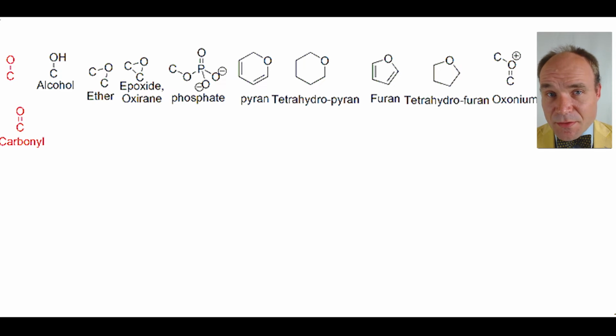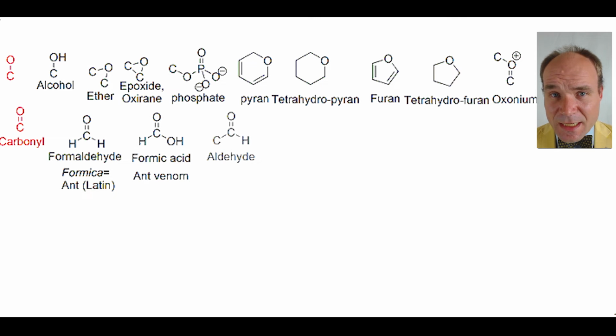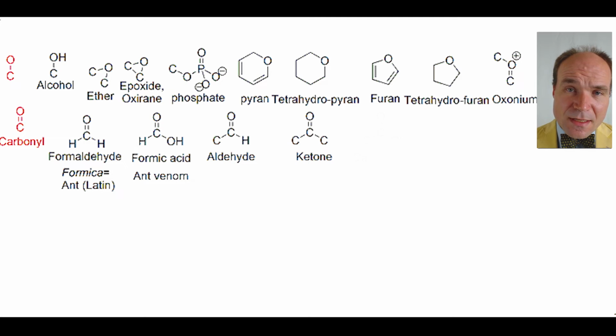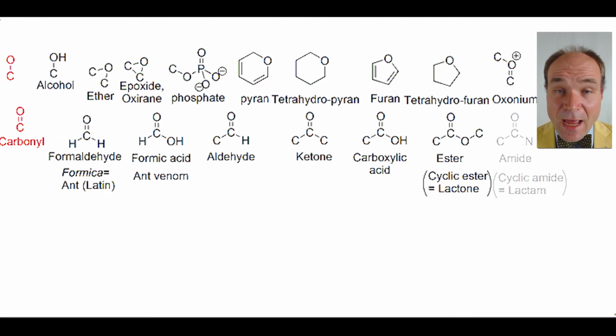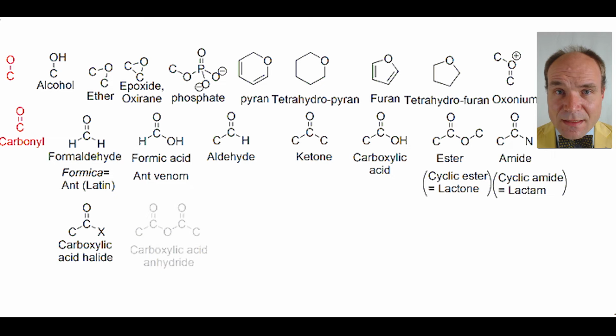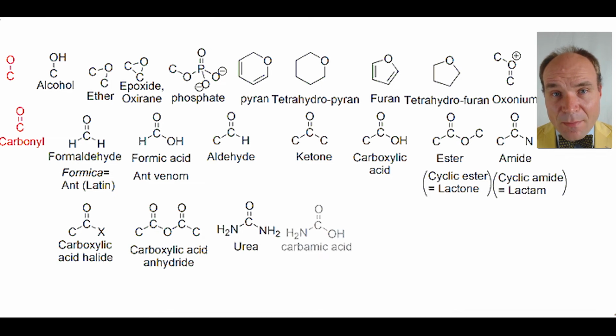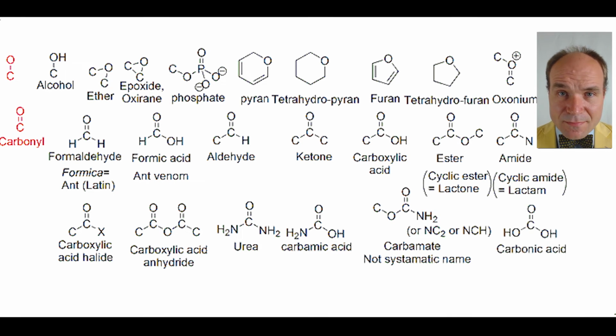There we can look at the functional groups that include molecules like formaldehyde, formic acid, aldehyde, ketone, carboxylic acid, ester, and where that's a cyclic ester, that's going to be called a lactone, amide, a cyclic amide is called a lactam, carboxylic acid halide, carboxylic acid anhydride, urea, carbamic acid, carbamate, and carbonic acid.